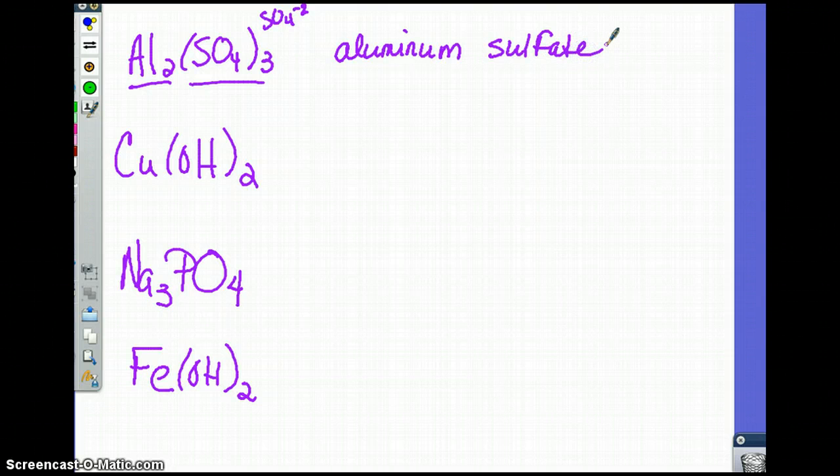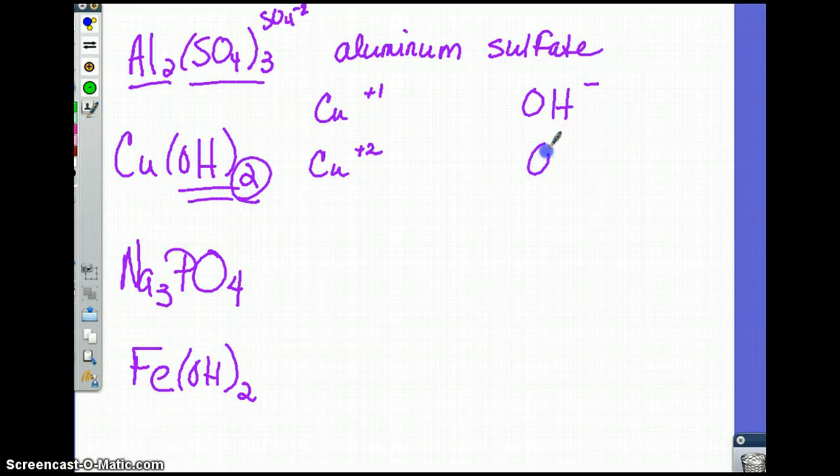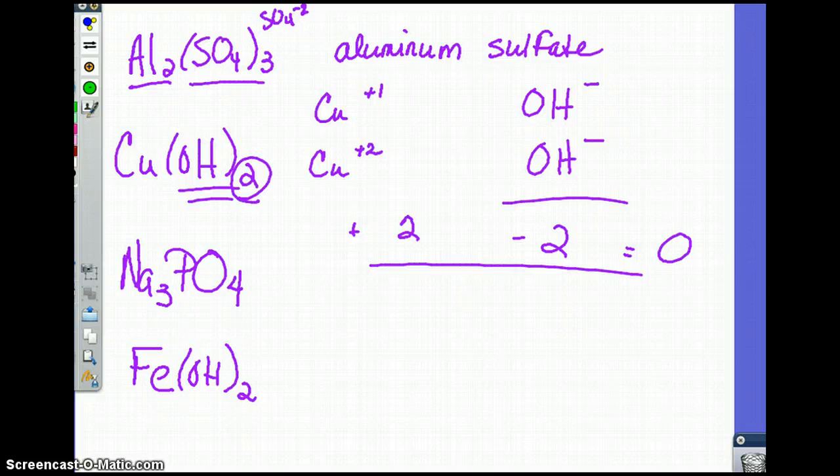The next example, I have copper. Now copper can be copper 1 or copper 2. In this instance, we have it bonded to the polyatomic ion hydroxide, which is OH-. And in the formula, there are 2 hydroxides. Okay? So if there are 2 hydroxides, the hydroxides give us a total of a -2 charge, and we know that the copper has to add up to +2 in order to make this a neutral compound.